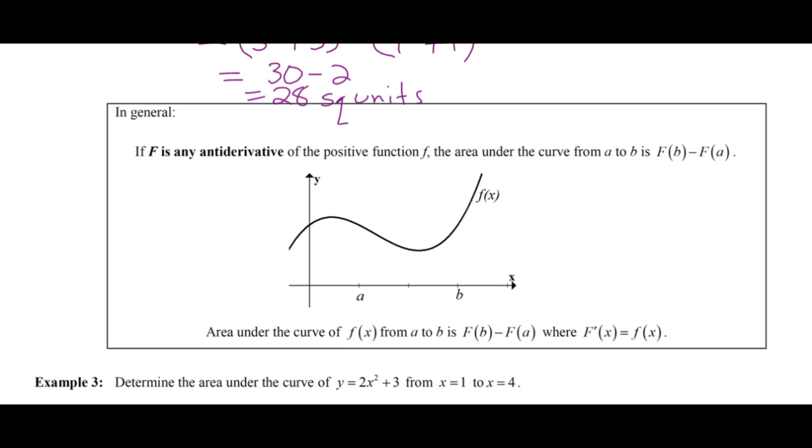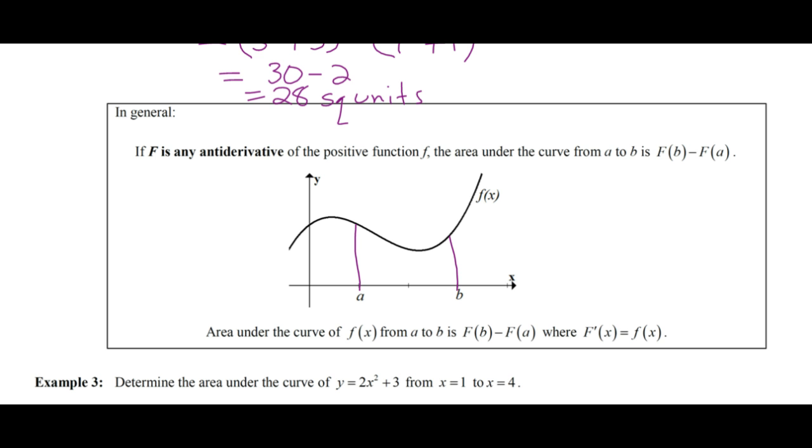In general, now for some reason, we switched from capital A, which had some meaning to me for area, to capital F. I don't know why, but that's what the book uses, and lots of books use. If F is any antiderivative of the positive function f, which generates the curve, the area under the curve from a to b, so here we'd be looking at this particular area, is F of b minus F of a.